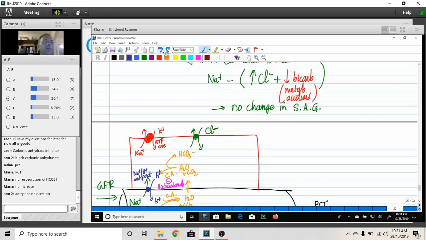So I'm gonna see hyperchloremia. And as I see hyperchloremia, it now means the serum anion gap stays normal. So I have what I call a hyperchloremic metabolic acidosis.